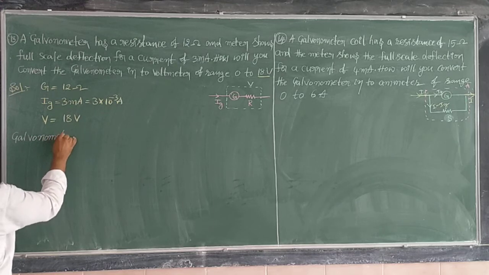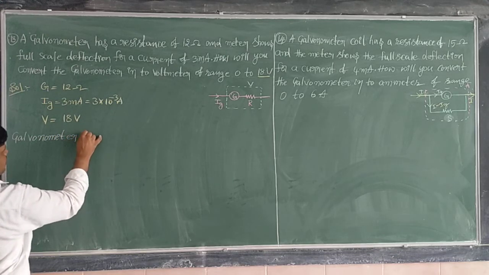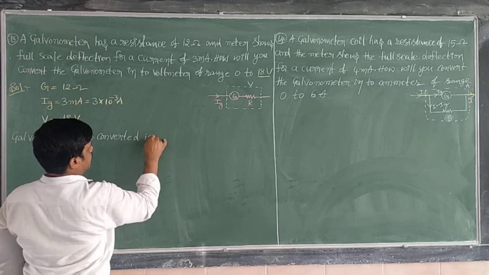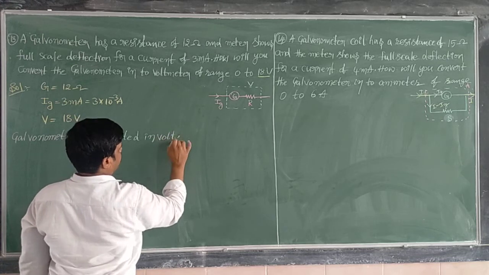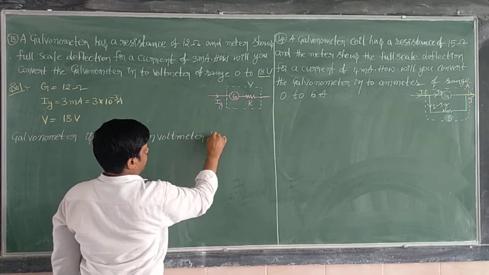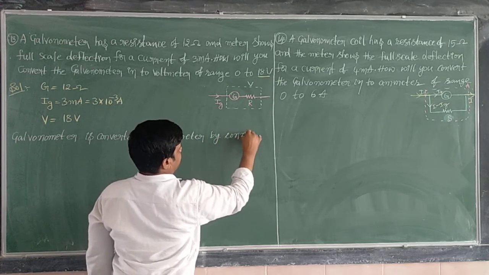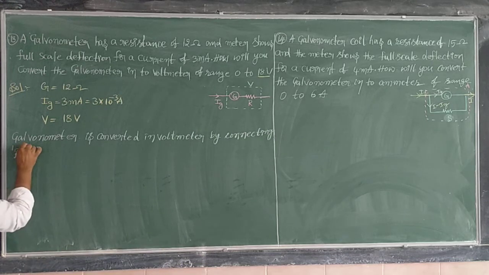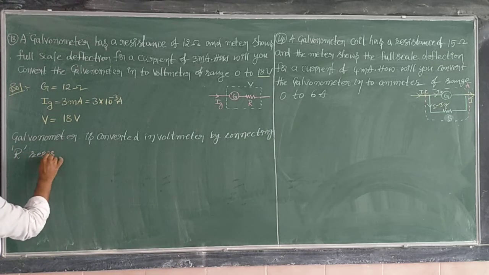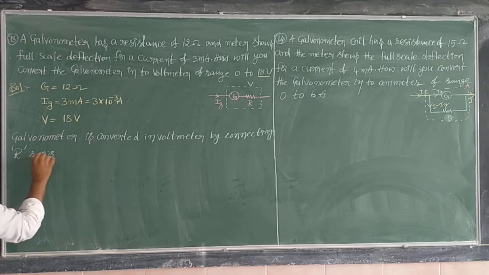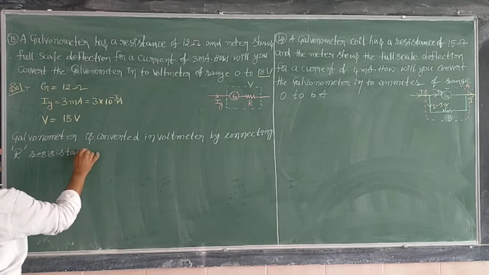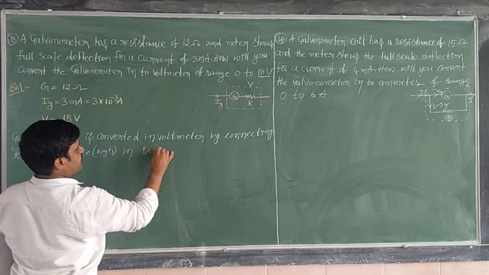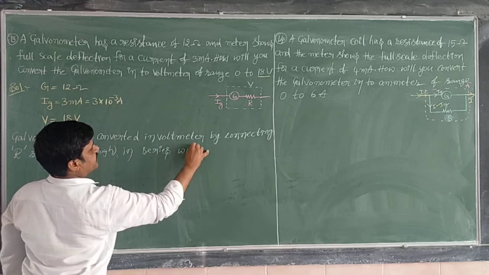The galvanometer is converted into a voltmeter by connecting a high resistance R in series with it.